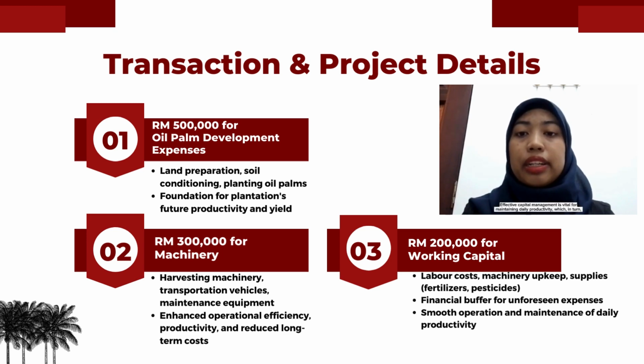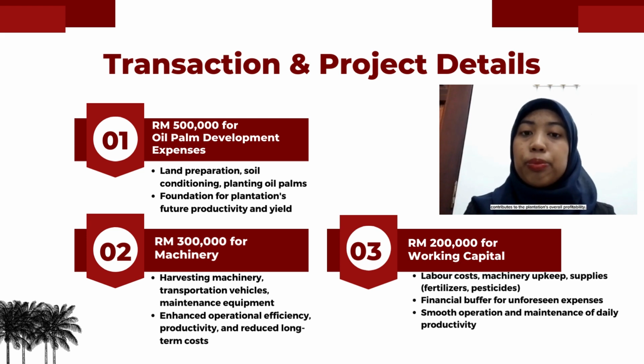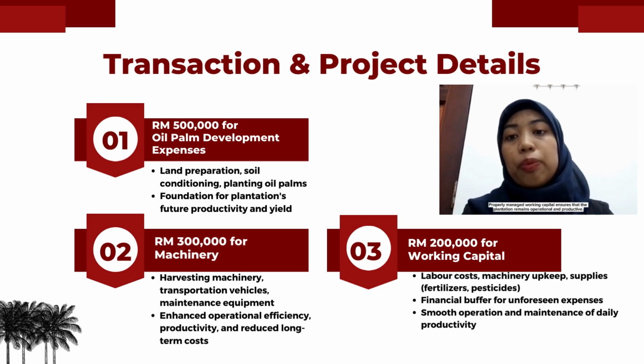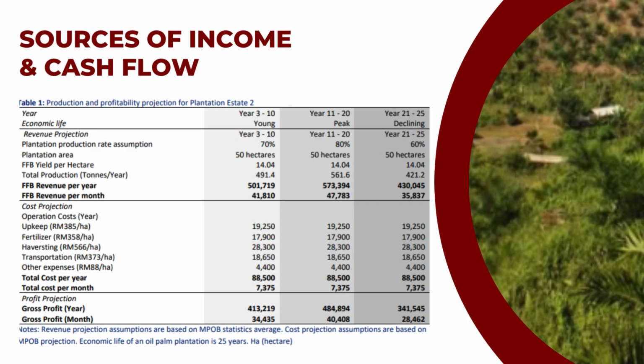Effective capital management is vital for maintaining daily productivity, which in turn contributes to the plantation's overall profitability. Properly managed working capital ensures that the plantation remains operational and productive.